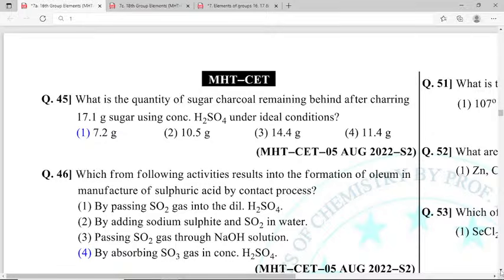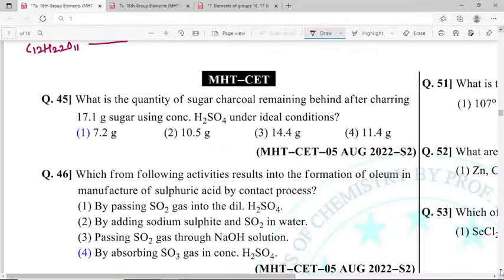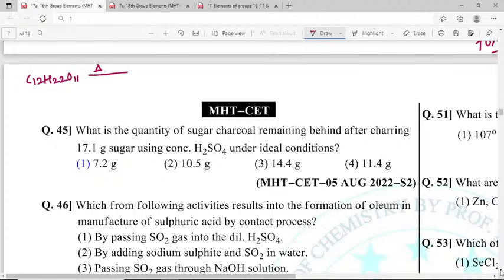Sugar is C12H22O11, and on heating with H2SO4 it gives 12C plus 11H2O. How much sugar here? Molecular mass of sugar is 342 gram.